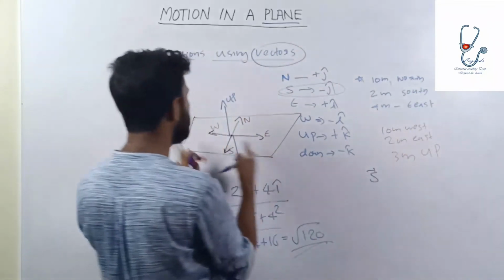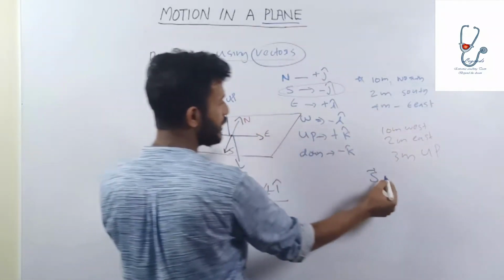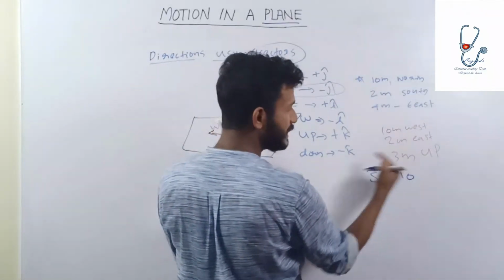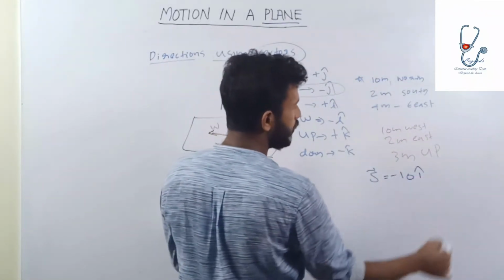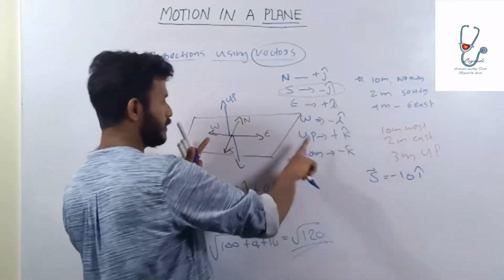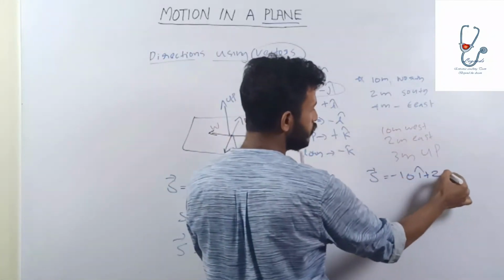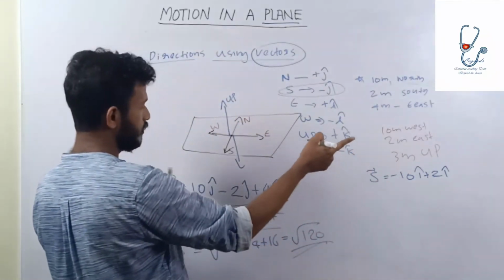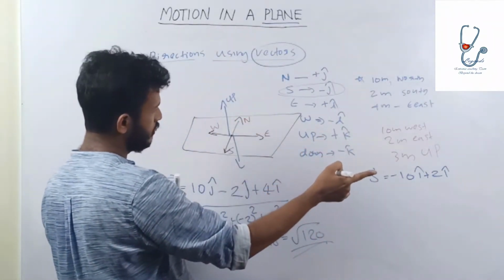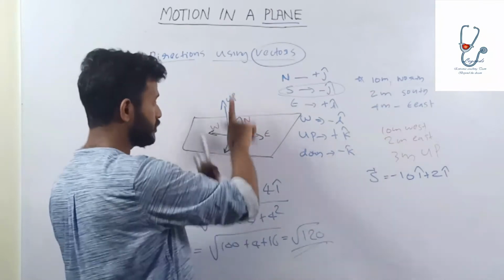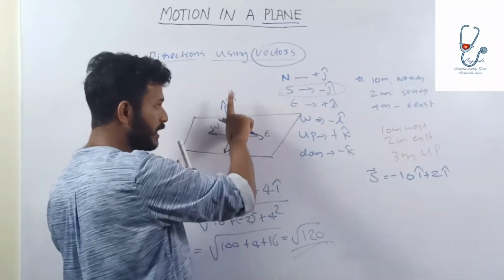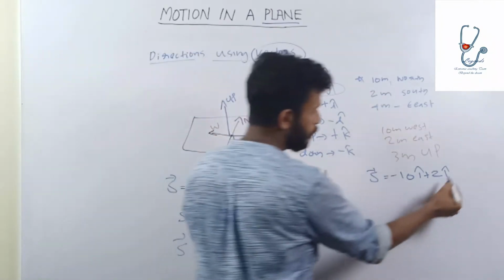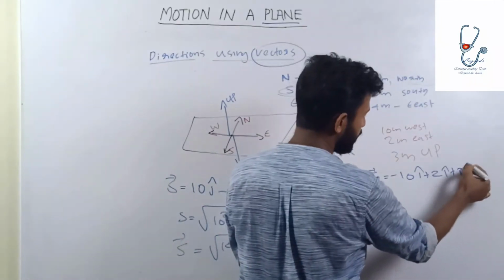10 meter west means west is minus i cap, so minus 10 i cap. Then 2 meter east is plus 2 i cap. Then 3 meter upward direction, what does it mean? Plus 3 k cap.